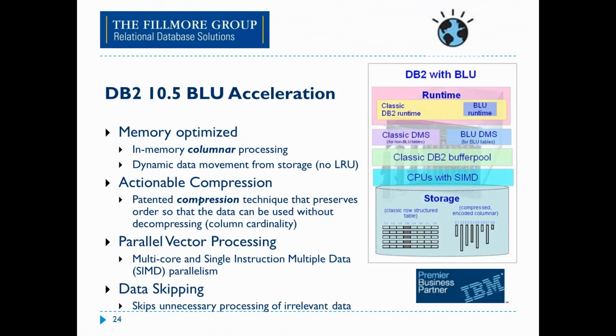So BLU Acceleration was released about 2 years ago, April of 2013. That's what's ringing a bell to me. So it's been around for a little while. So it was important for the ability to run mixed workloads to have a data engine that could do both. On the mainframe platform, IBM used what we call heterogeneous scale-out to provide HTAP, hybrid transaction and analytical processing.